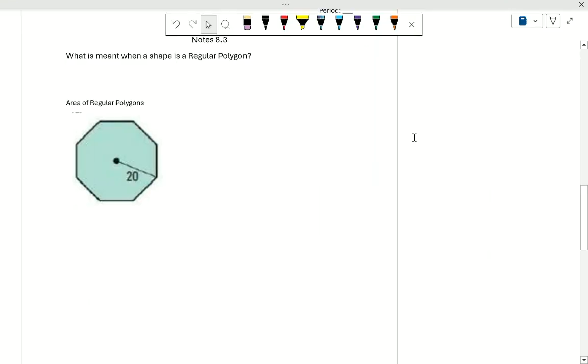Let's go. All right, what is meant when a shape is a regular polygon? Regular tells you two things about the shape. Two things about the polygon. Number one, all sides are equal.